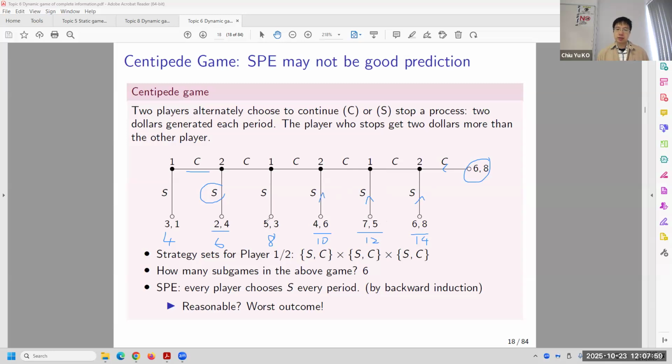And player 1, if he continues, you get 4, otherwise you get 5. He will just stop here. So everyone would choose stop, correct? And that actually is the Pareto inefficient outcome. If everyone waits until the end, everyone is at least better than 3-1, right?